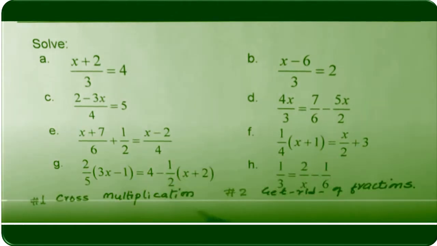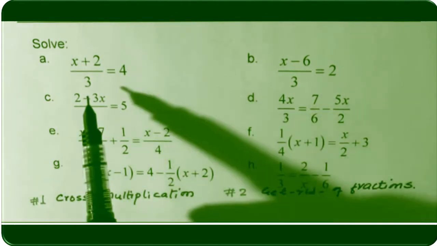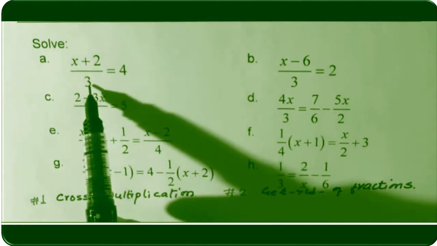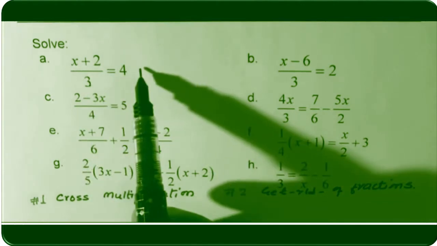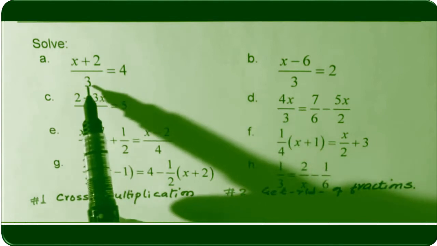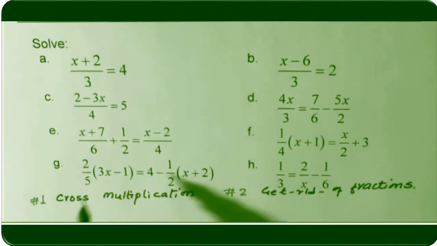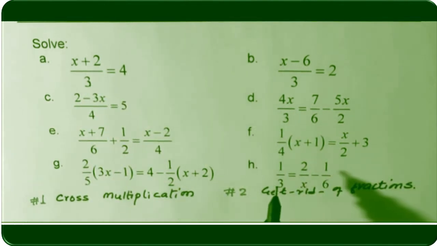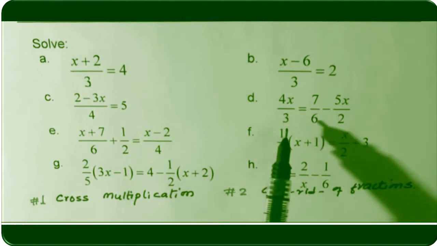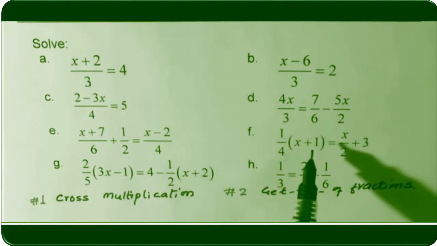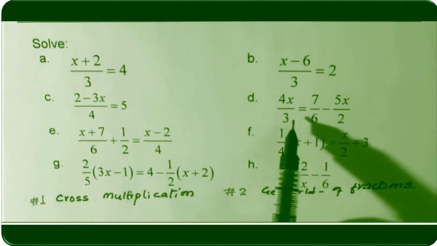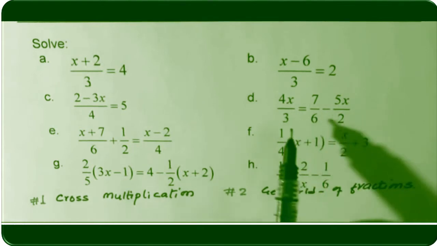Now cross multiplication also helps to get rid of fractions. Let's say a number is there, we will just take it to the other side, so we get rid of 3 from the left side. Now sometimes we have different numbers, right? For example, here we have 3 terms.